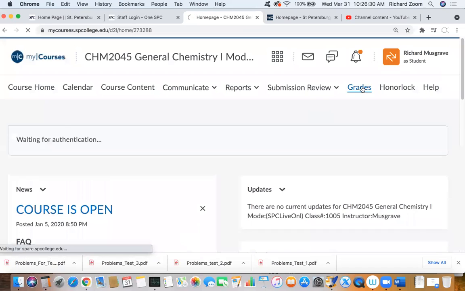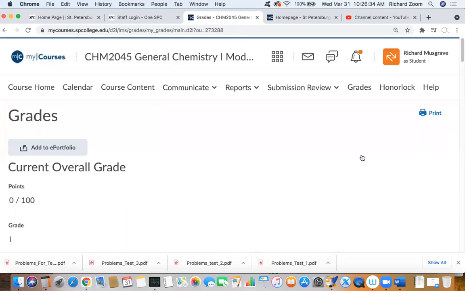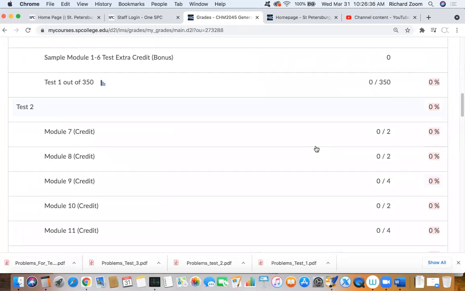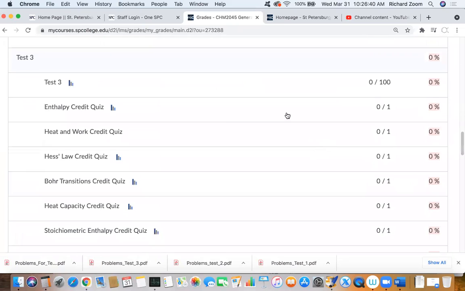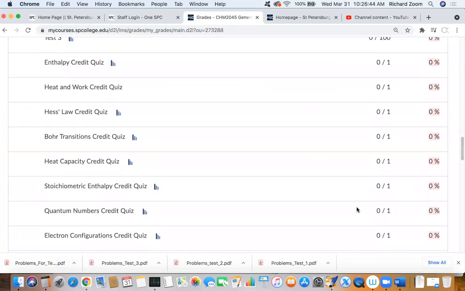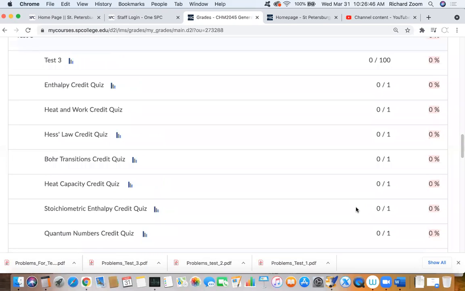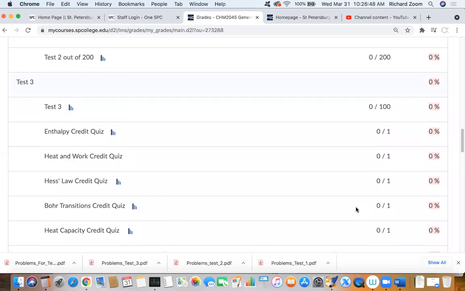Okay, so you go to grades. I've given you this suggestion before, but I'm going to do it again anyway. Look at test 3 and look at the scores on these credit quizzes and see what you have got a 0 on. And most likely you haven't done that quiz. And all of these quizzes are in the different folders in the test 3 folder.